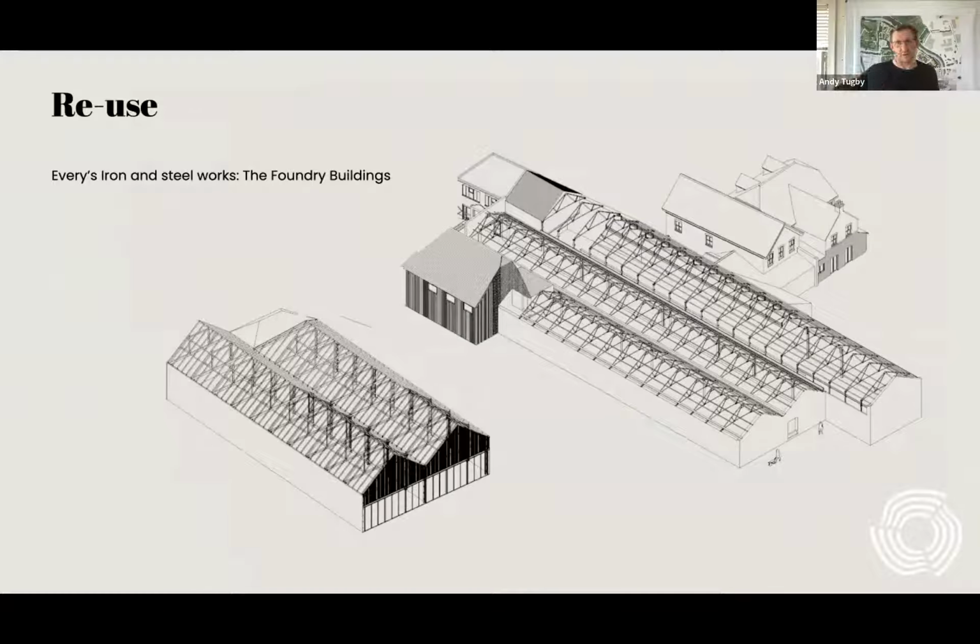So this is a wireframe drawing of the Every iron and steel works, the foundry building that is on site, which is a historically significant ironworks, the site where a lot of the decorative ironworks seen on the south coast, Brighton Pier, lots of the Sussex train stations, was all forged in these buildings. So we're keeping those because they fulfil all those criteria.